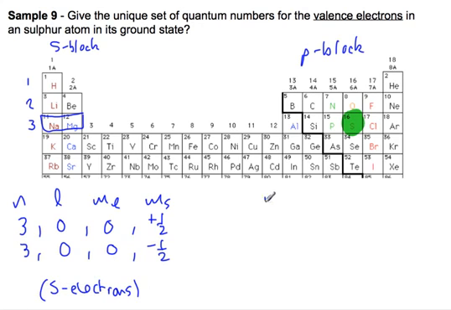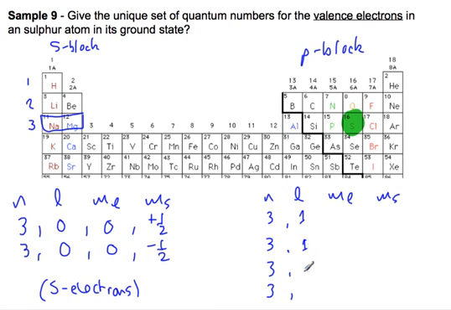But now we have 4 electrons, and they're all in the P block. And so the value of n is still the same, still 3. So all 4 of these are going to have a value of n of 3. And the value of L increases from 0 to 1, higher energy state.